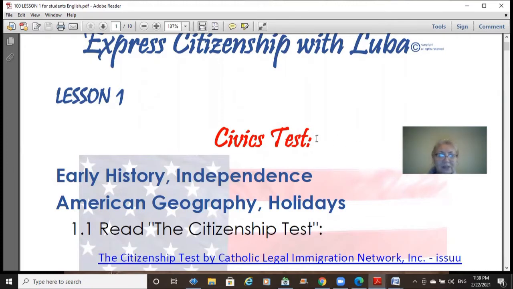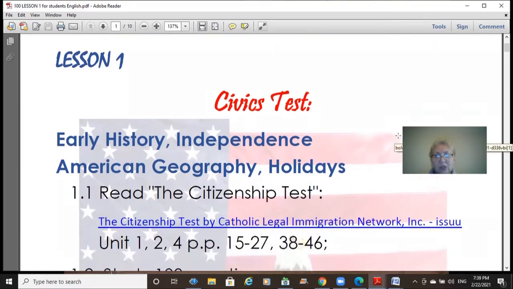For the civics test of this lesson, I would like you to get familiar with early American history, independence, the Declaration of Independence, American geography, and holidays.